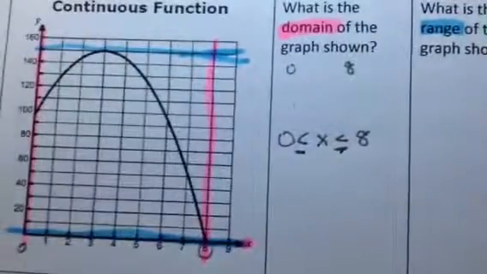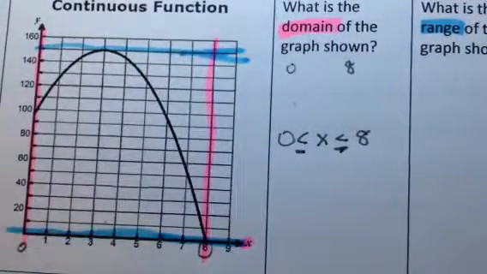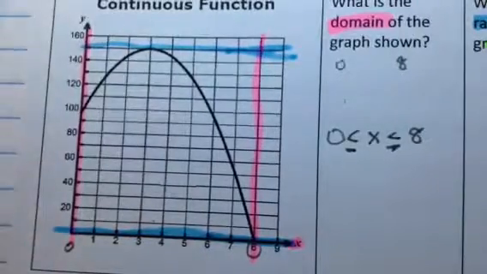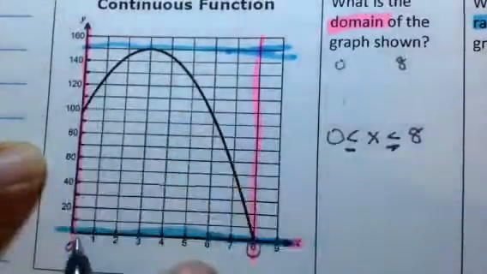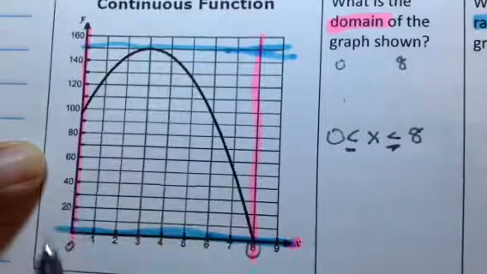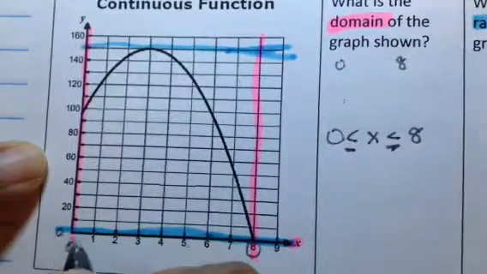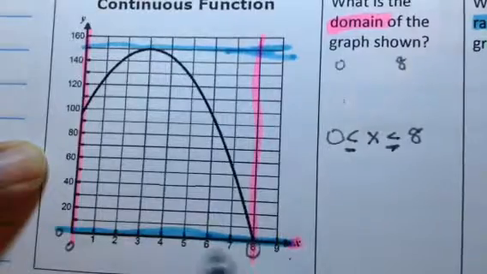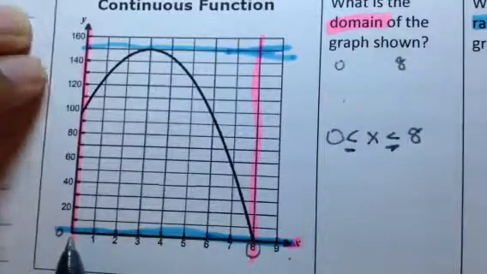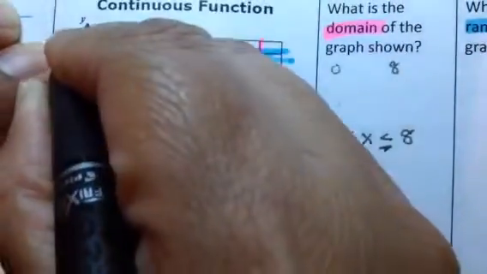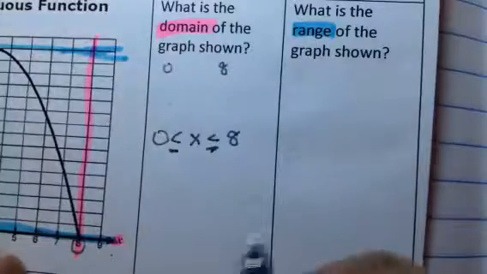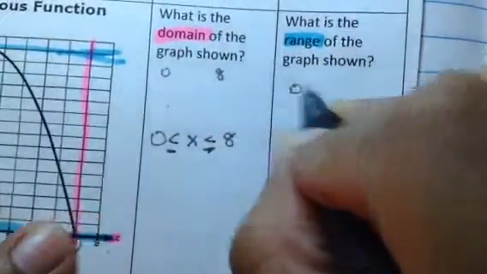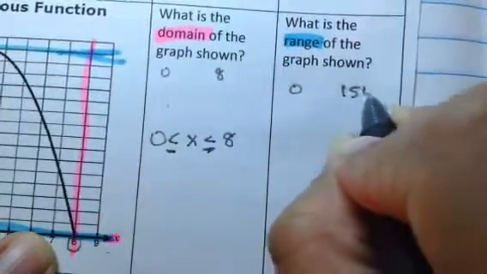So if you look, what numbers would have been used for the y? Well, if I count the y-axis right here, it's going by tens. So this would have been 0, because it's touching right here at 0. And then I've got to look at this number, which would have been 150. So the two numbers I'm dealing with are 0 and 150.